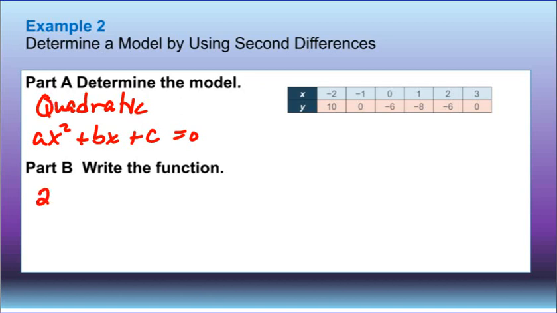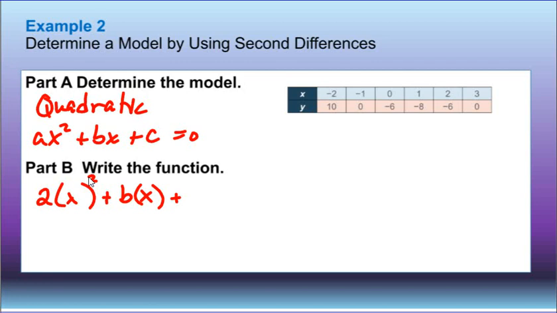So we can put 2 in for A. We need to find our B and we need to find our C. So to do that, I'm going to put this would be our x squared plus, we don't know our B, so I'm going to put a B here. This would be an x plus our C.